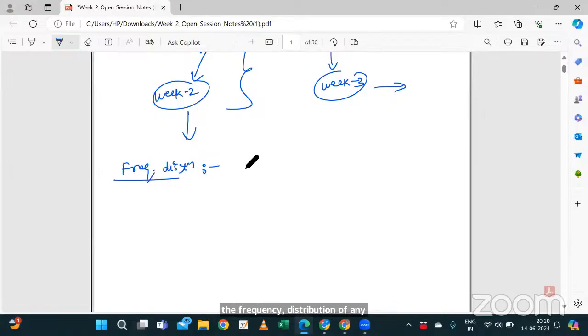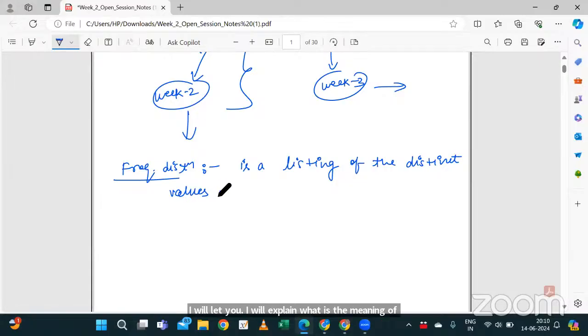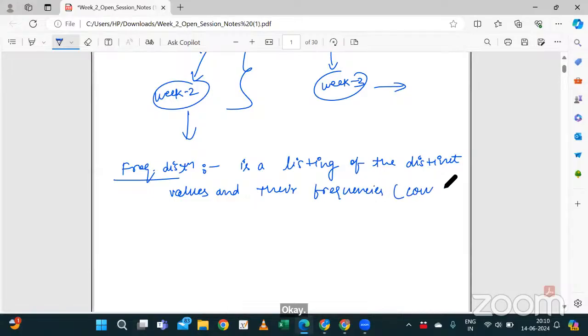I will do a listing of the distinct values, and I will explain the meaning of distinct value, and their frequencies, I mean their count. So a listing of the distinct values and their frequencies.